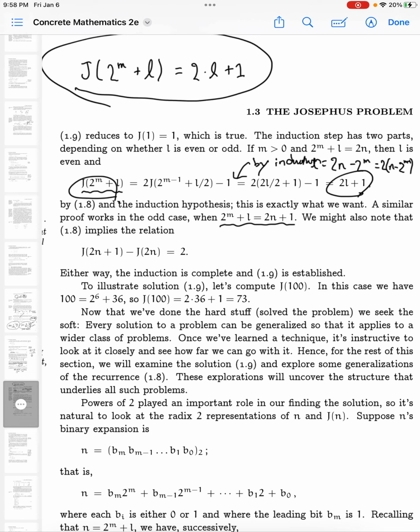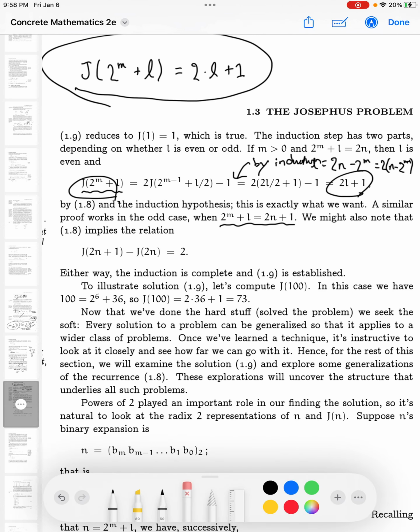Once we figure out this solution, we can figure out how to compute the Josephus problem for really big inputs like 100. So in our case, given that this formula is proven true, what is J of 100? 2 to the power of 5 is 32, 2 to the power of 6 is 64. So 64 plus 36 is equal to 100.